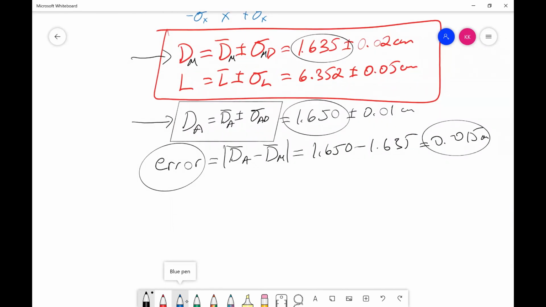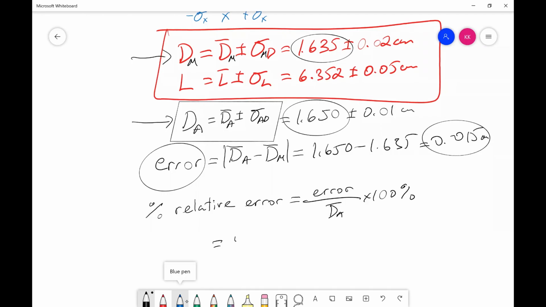So one thing we can do to better understand the experimental accuracy is calculate what we call percent relative error, which is error divided by accepted average, then times 100%. That's why it's a percent relative error.